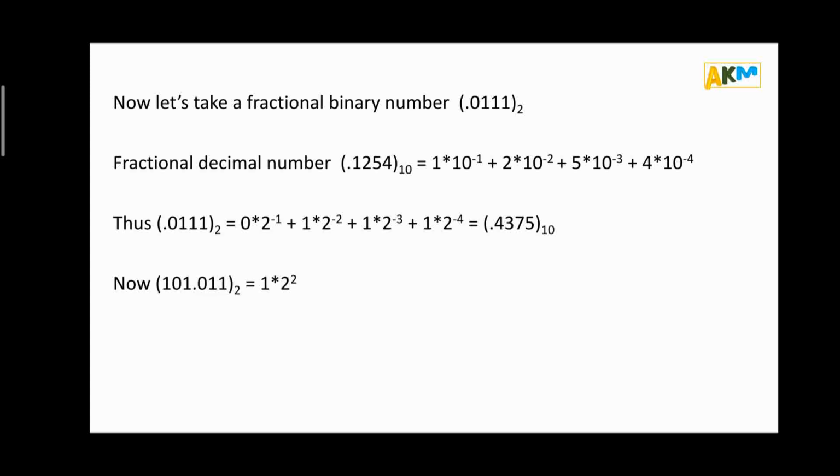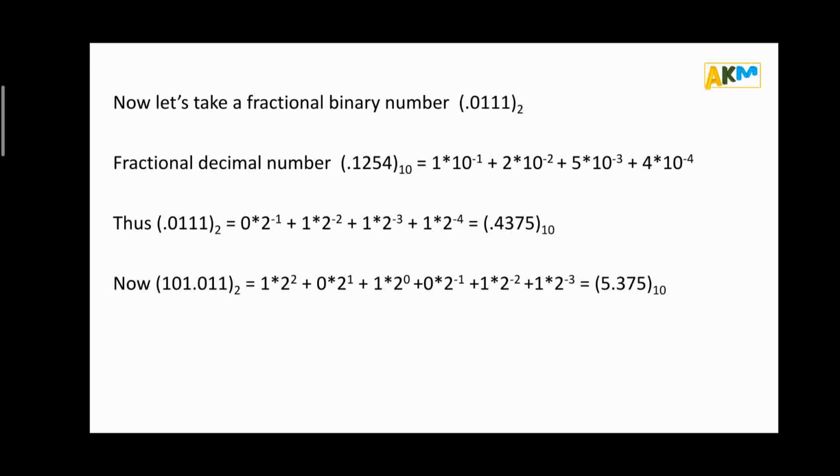Well, see, it's very easy: we will convert the fractional part aside and the integral part aside. So like this we can convert directly. So you notice, 1 multiplied by 2 power 2 plus 0 multiplied by 2 power 1 plus 1 multiplied by 2 power 0. So here you notice that when the fractional part is starting, plus 0 multiplied by 2 power minus 1.